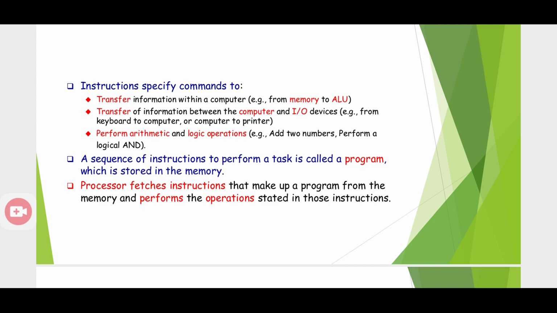Then one or more programs are combined together to form software. So an instruction is a basic command given to the system for performing some operation, a sequence of instructions is a program, and one or more programs combine to form software.